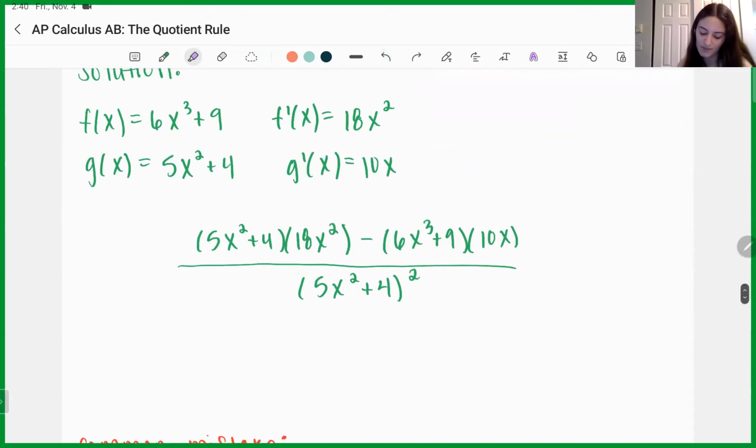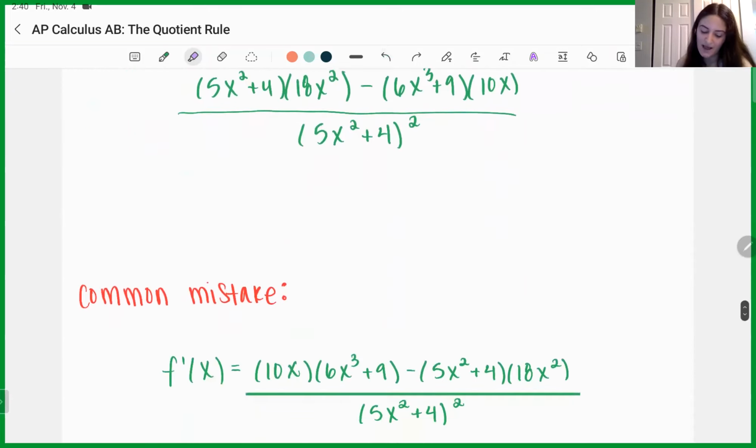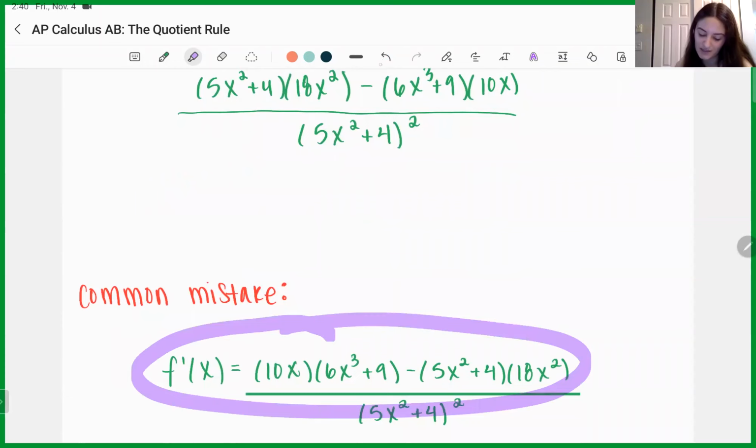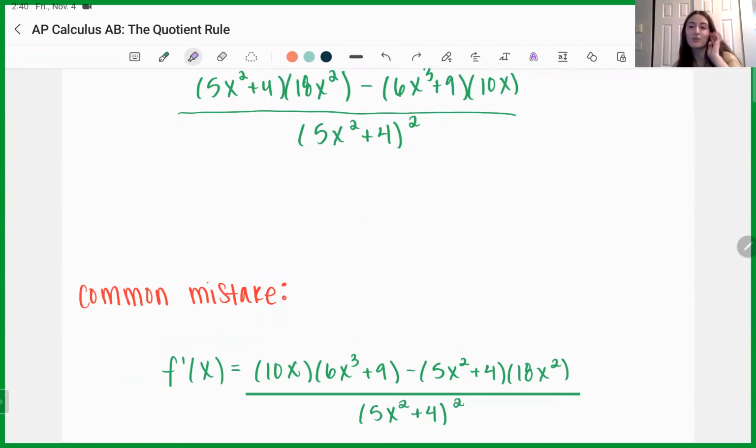Another common mistake I want to point out is that our answer up here is the correct answer, but sometimes students will put this one on the bottom as the correct answer. But there's an issue with the one on the bottom. See if you can figure out what it is, but hopefully you'll notice that the order is flipped. On the top, the 5x squared plus 4 times 18x squared goes first.